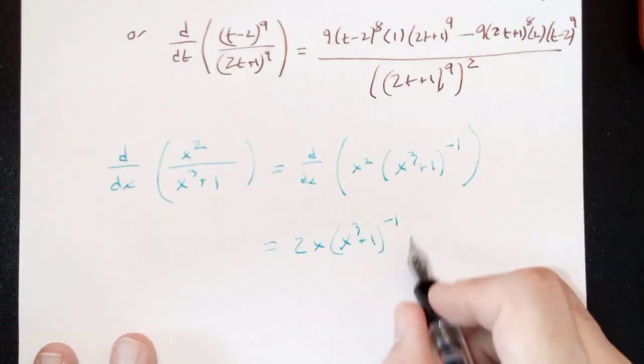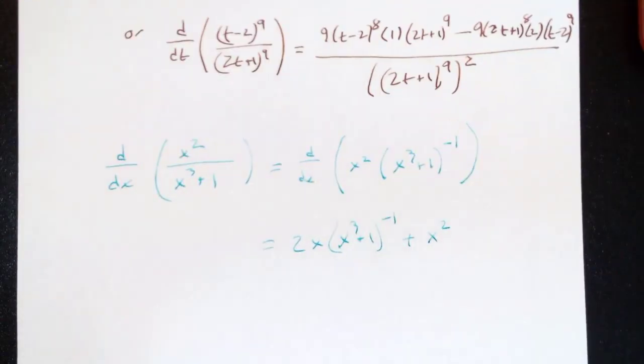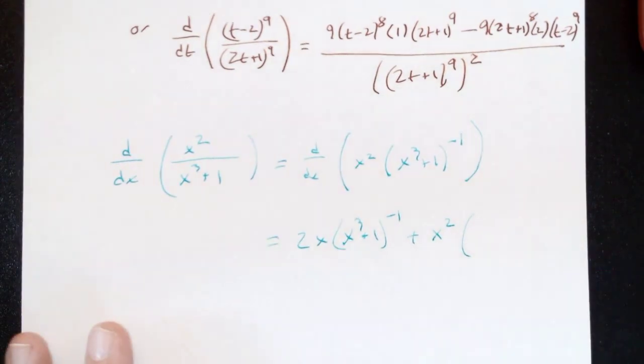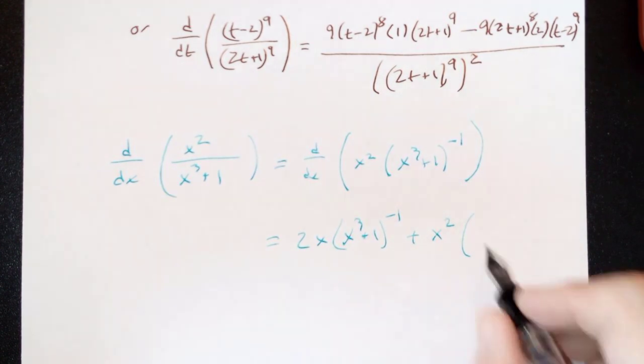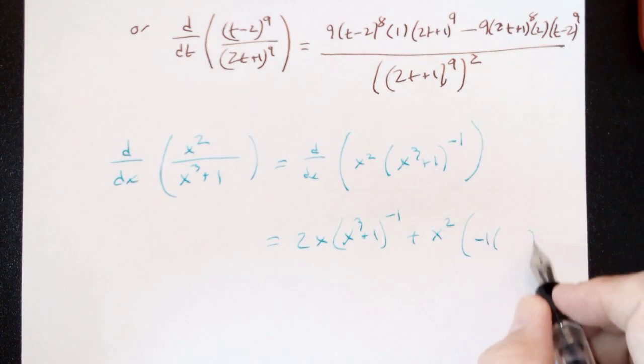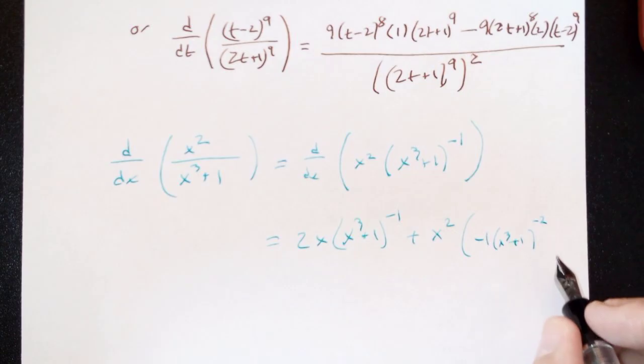Then leave the first part alone and do the derivative of the second. Ugly to the -1. -1, ugly to the -2.